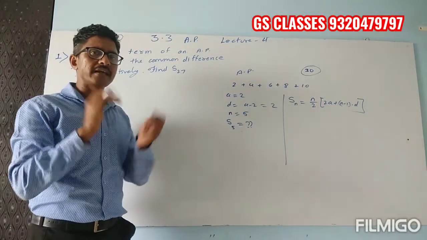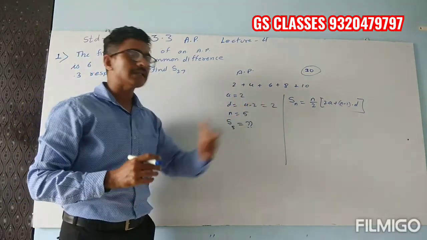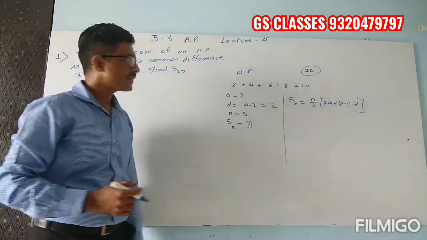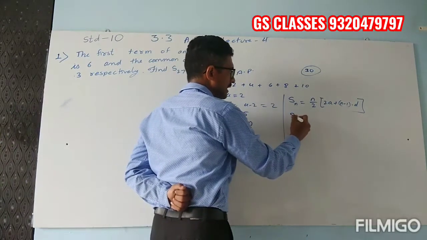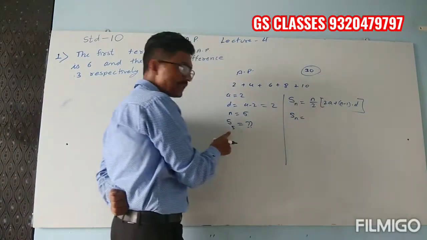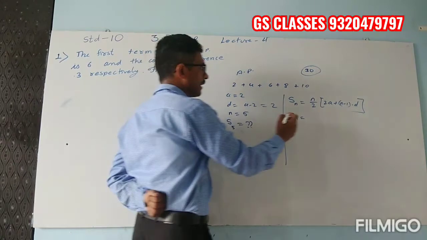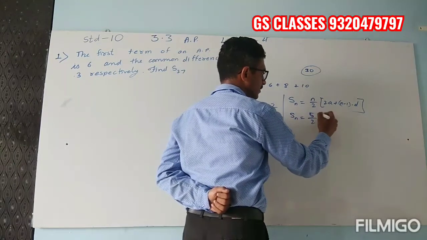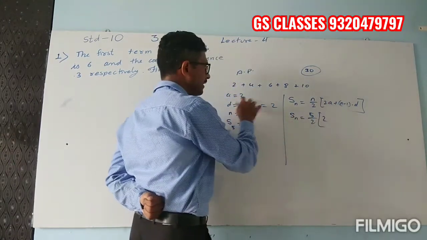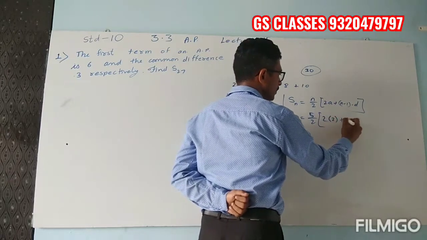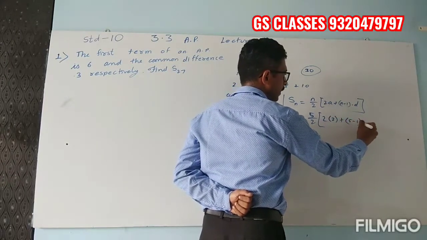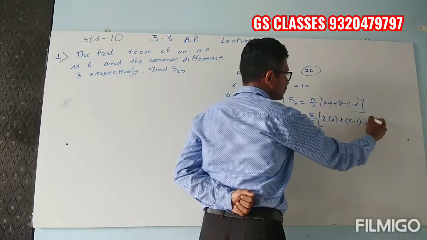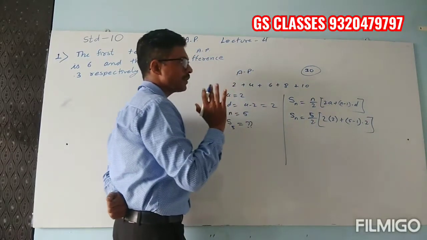Now let's see whether our formula is also giving us the same answer. Let's put the values. Sn. What is n? N is 5. 2a, a is what? A is 2. 5 minus 1. The common difference is 2. I am putting all the values.